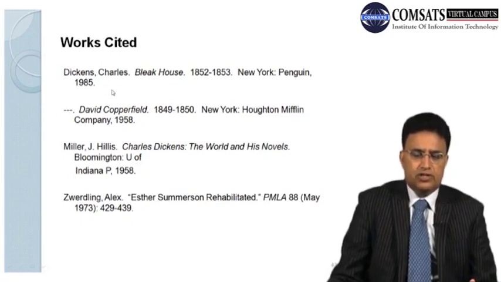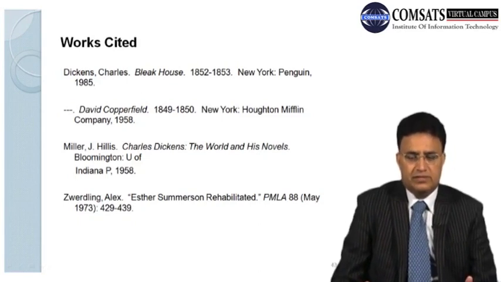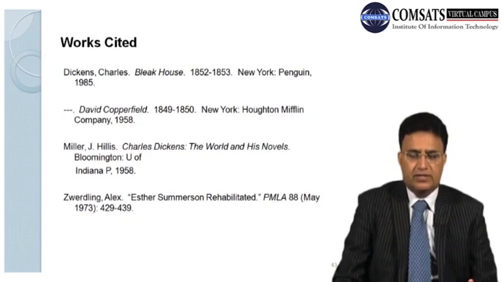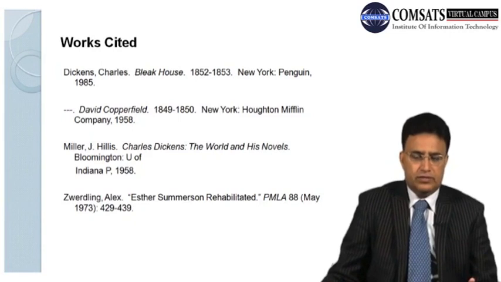The writer is Charles Dickens, and his famous novel Bleak House. If you want to give a reference to that one, you'll begin with the name of the author in reverse order: Dickens, comma, Charles, full stop.